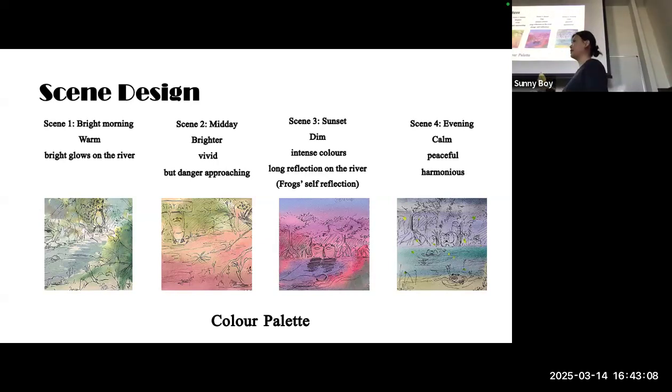And I also use the metaphor to demonstrate how the frogs make the shift. So how they have their self-reflection and then they realize they need to work together. And also, I think that's the most important shift in the story. So I want to give you the excellent and spectacular color of this one. And it also helps build the cohesion between scene 2 and scene 4.